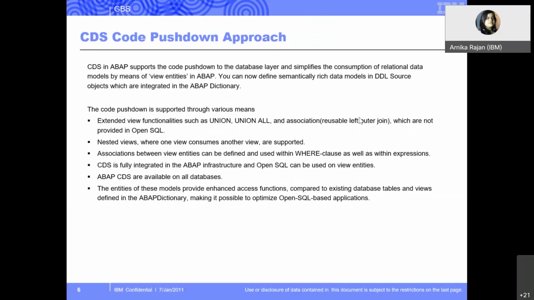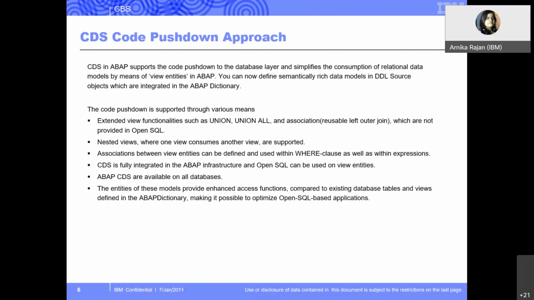Like CDS in ABAP, they have all this code pushdown, which I mentioned already. Along with that, we have view functionalities like union all, and association. Let me tell you, association is nothing but the left outer join that we can reuse in all our CDS views.